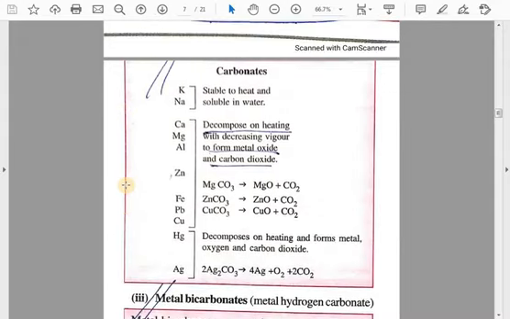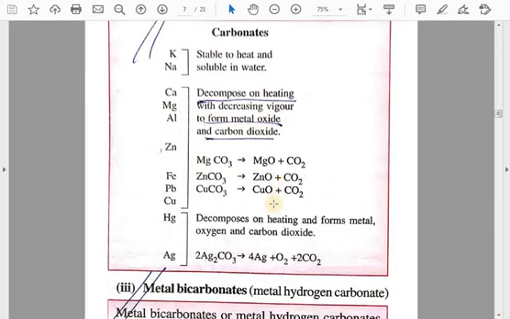Now come to the carbonates. Potassium and sodium are again stable to heat and soluble in water. Second group, where you have calcium, magnesium and aluminium, they decompose on heating with decreasing vigor to form metal oxide and carbon dioxide. So there are the reactions, how these are formed.